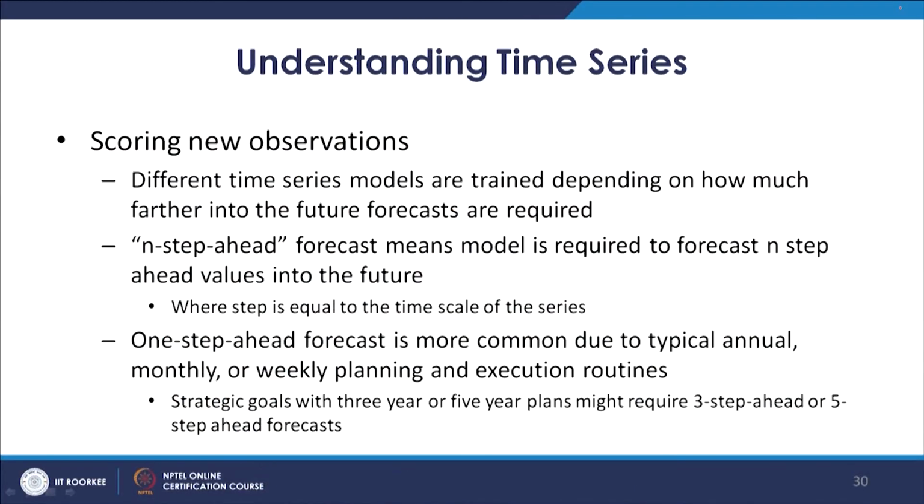For example, you can see in the third point, 1 step ahead forecast is more common due to typical annual, monthly or weekly planning and execution routines. Typically, the way planning and execution happens in firms belonging to different industries, they would plan for the next year or next month or next week, and therefore the next 1 step ahead forecast, whether next week's, next month's, next day's or next year's, would be more practical for them, and that makes 1 step ahead forecast more common.